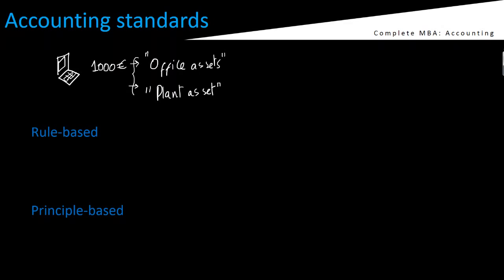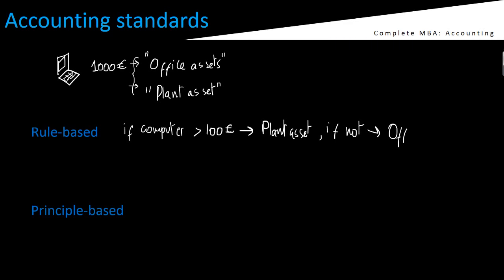For example, a rule-based standard would be: if the computer is more than 100 euro, then it is a plant asset. If not, then it is an office asset.